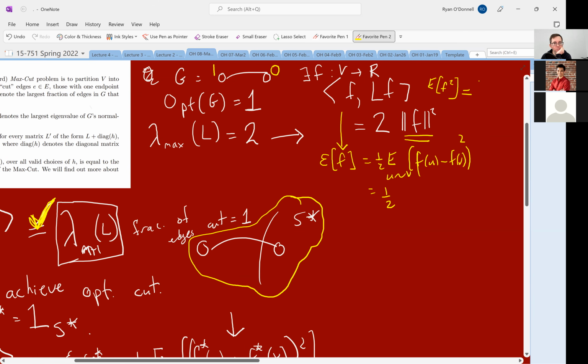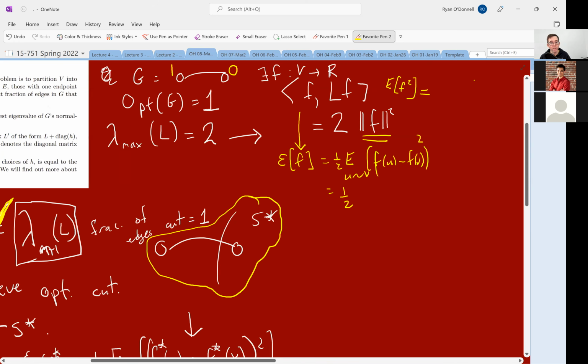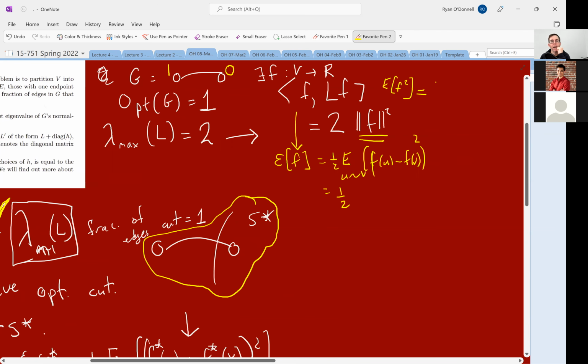This is a volume. Yeah, that's true. Since it is an indicator, it's a half. It's the expectation over u drawn from pi. This is a regular graph, so it's just the uniform distribution of f.